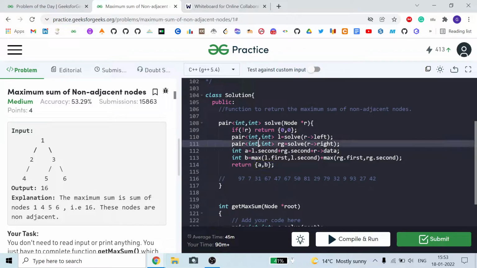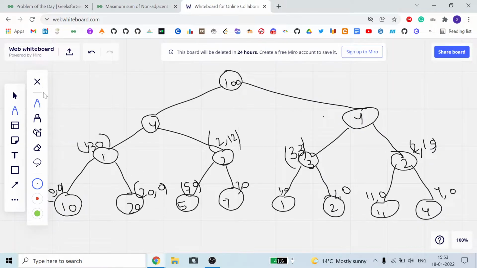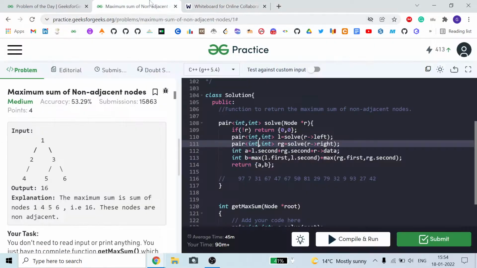Now I am explaining how it works. Here you can see this is a binary tree with values 100, 4, 4, 1, 2, 10, 20, 5 and 7, 4, 3, 2, 1, 2, 11 and 4. Now here it will get 0 comma 0, because this condition will work for it.